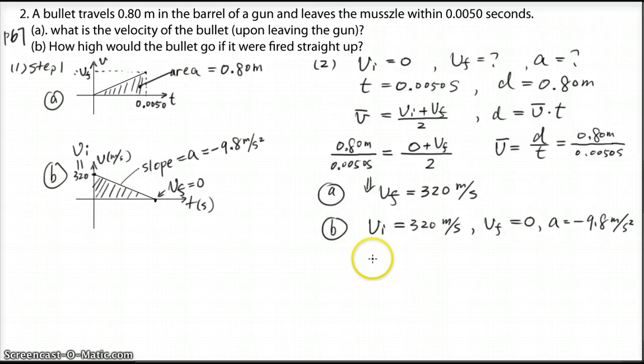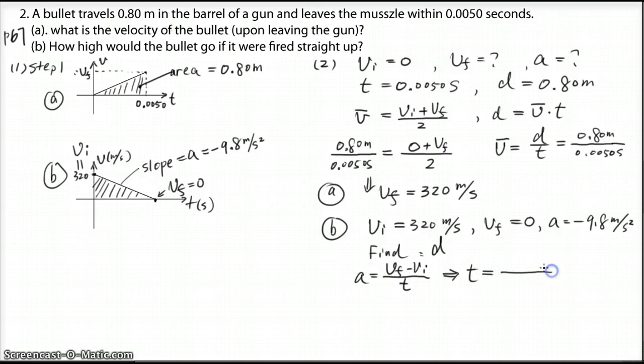The question is asking us to find the displacement D. To find it, we rely on the basic formulas, plus the other formula: acceleration equals V final minus V initial divided by T. From this formula you can find the time it takes for the object to rise to the highest point.